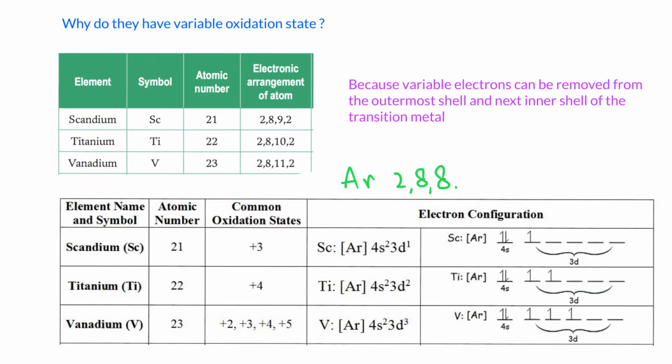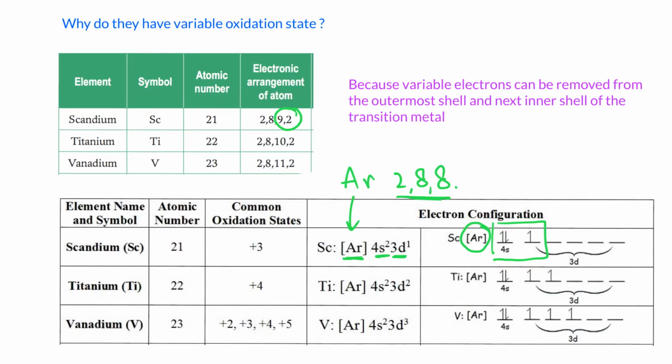So we can use the symbol [Ar] to represent this part. After that, scandium is 2,8,9,2, so on top of that you have 3 more electrons. So they will be arranged this way: you have the argon electronic configuration and 3 extra electrons.